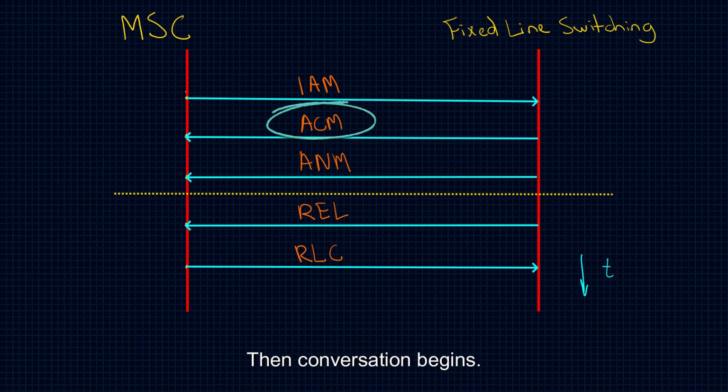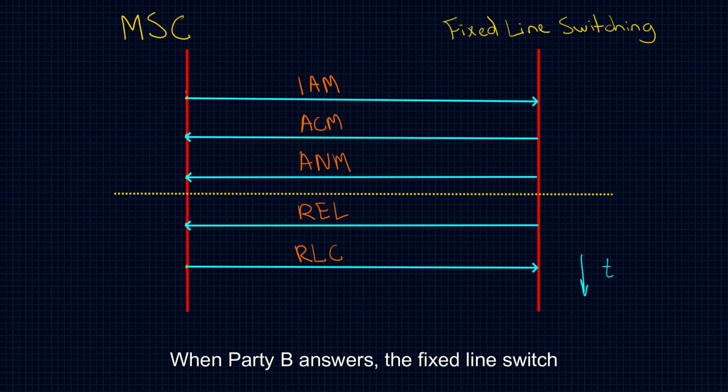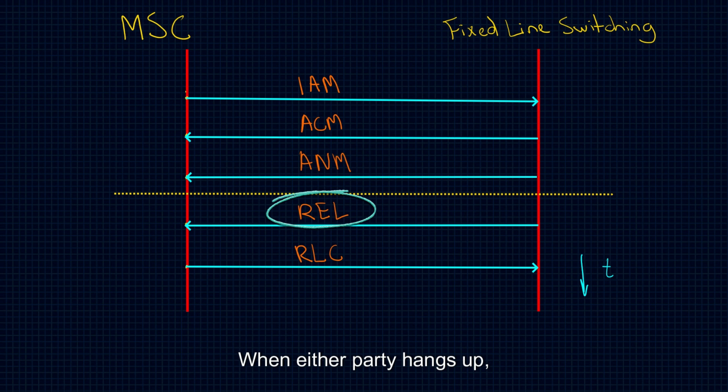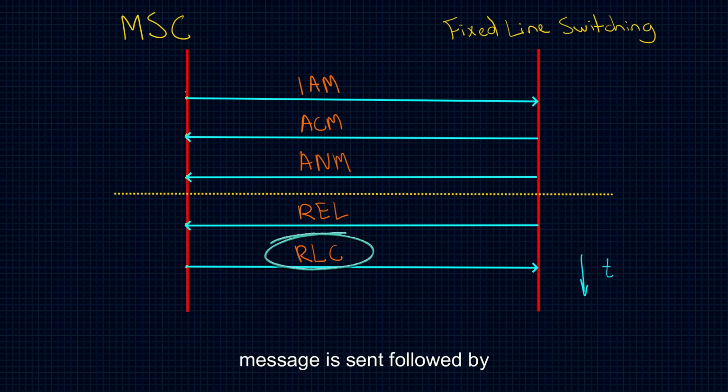Then the conversation begins. When party B answers, the fixed line switch sends an answer message, ANM, to the mobile switching center, enabling the conversation. When either party hangs up, a release message, REL, is sent, followed by release complete confirmation.